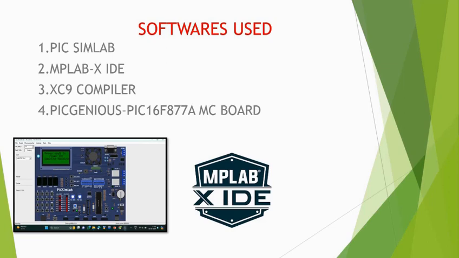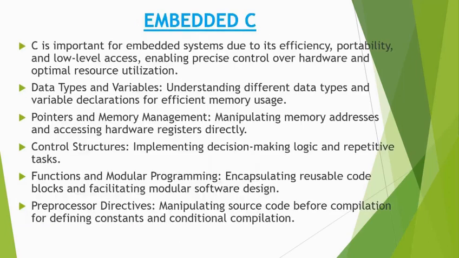Now the next slide is about embedded C. C is important for embedded system due to its efficiency, portability, and low level access, enabling precise control over hardware and optimal resource utilization. Data types and variables: understanding different data types and variable declarations for efficient memory usage. Pointers and memory management: manipulating memory addresses and accessing hardware registers directly.